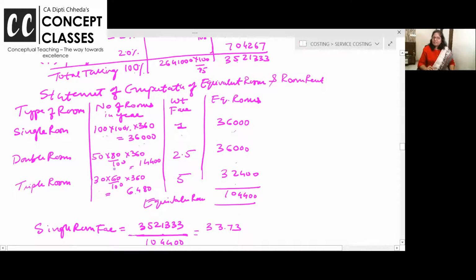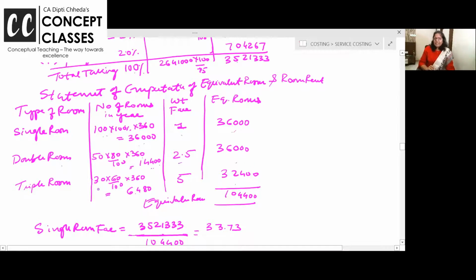They are 80% occupied, so as good as 40 rooms into 360 days. So day rooms we will get 14,400, and the double room pays 2.5 times more, so though day rooms for double is 14,400, the equivalent day rooms is 36,000.